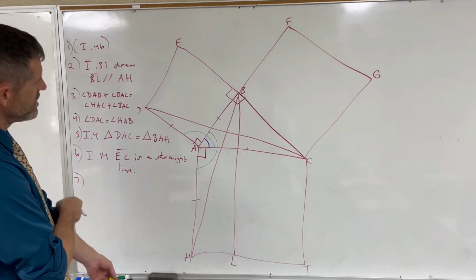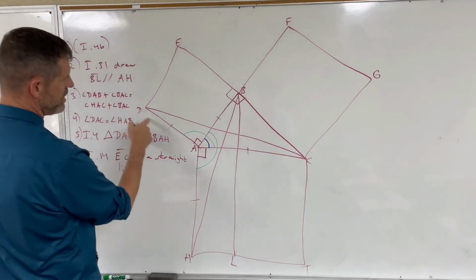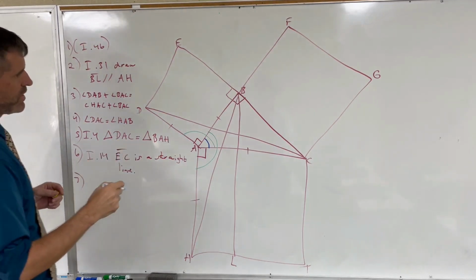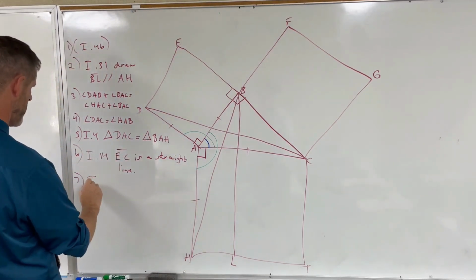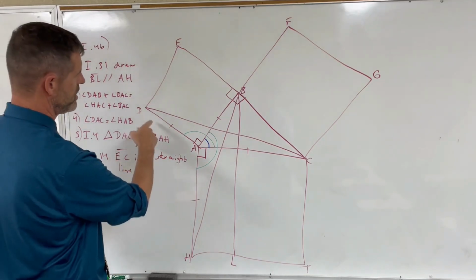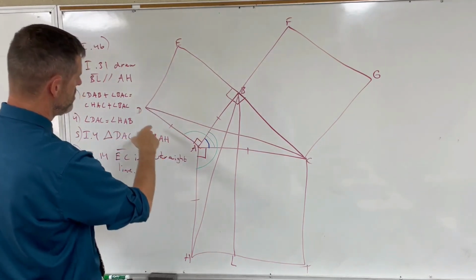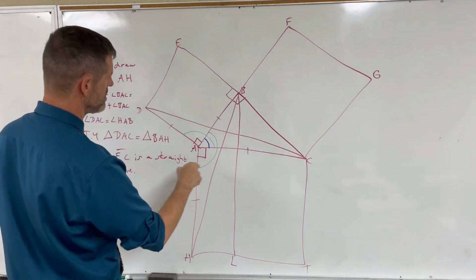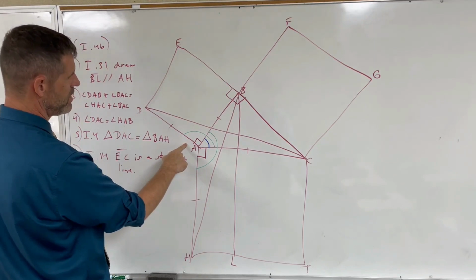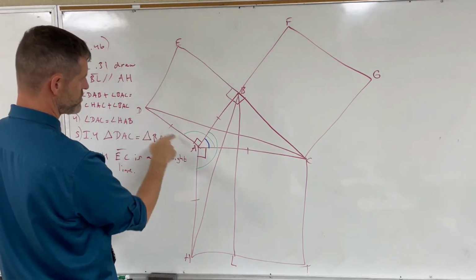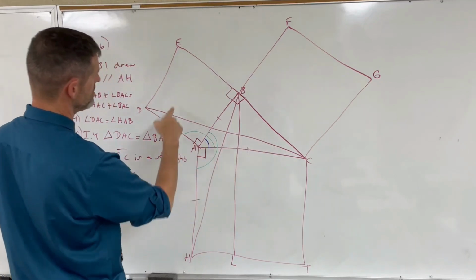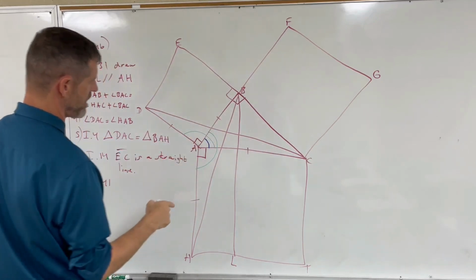And that's important because now we have our parallels DA and EC, which matters because we have Proposition 41, which is going to be applied a couple of times. The first time, we'll use the square EA with the triangle DAC. You can see that the square EA sits on the base DA, and the triangle DAC also sits on the base DA, and they're both contained within the same parallels, namely EC and DA.